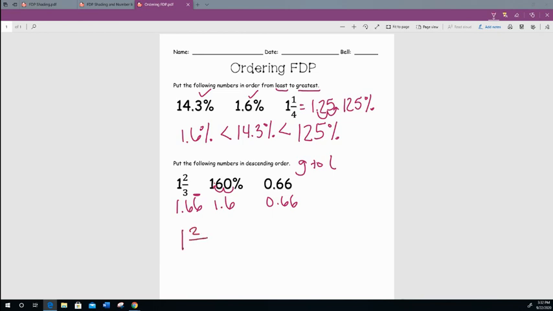So we're going to do 1 2/3, a greater than symbol to show we're going from greatest to least. Now looking at these two, this next one has a 1 whole, whereas this one doesn't. So this is going to be the next biggest at 160%. And then lastly, we would have 66 hundredths. I went ahead and converted these to decimals just to make it a little bit easier. Again, you could have looked at it the number sense way to help you out.